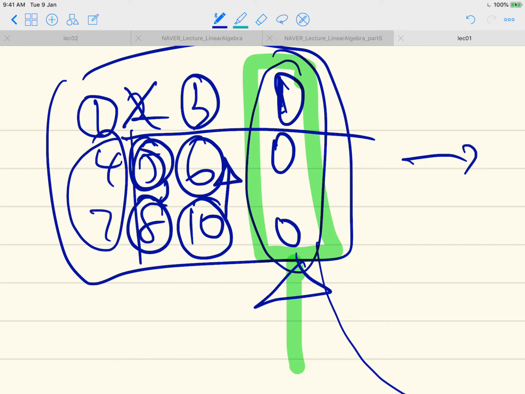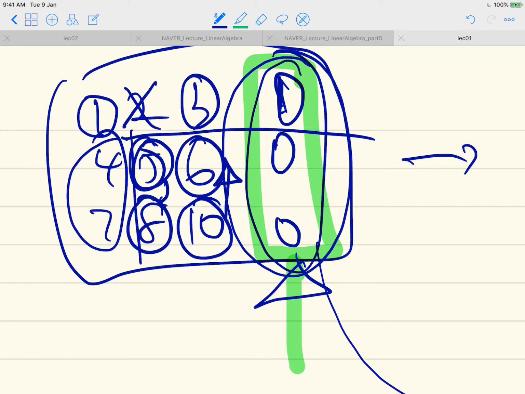Through this process, this last column will just follow, and it does not play a meaningful role in controlling which particular Gaussian elimination step to apply.